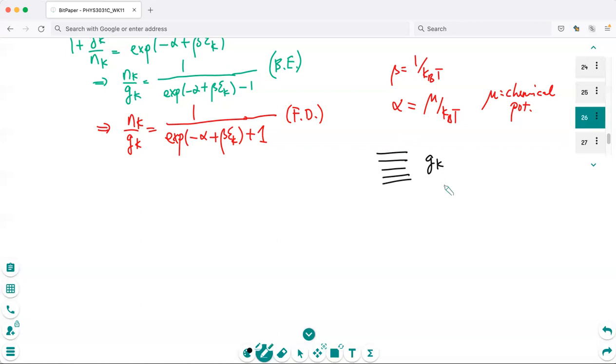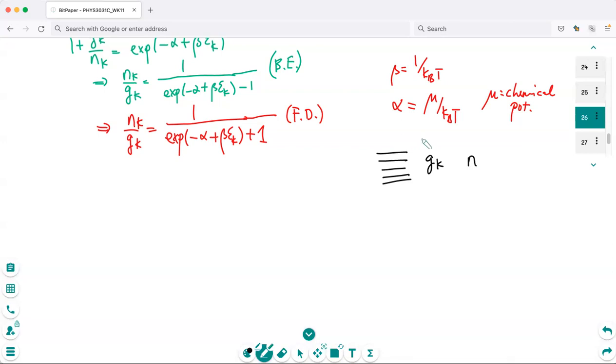I have g_k energy states, and at most I can put one fermion in each energy state. So the limiting case will be N_k equals g_k. And most likely I will have less, because some energy states will have zero particles. So I will have this constraint for the fermion case.